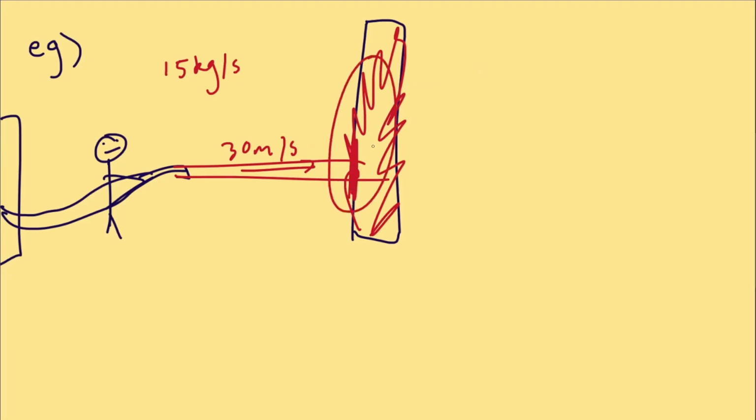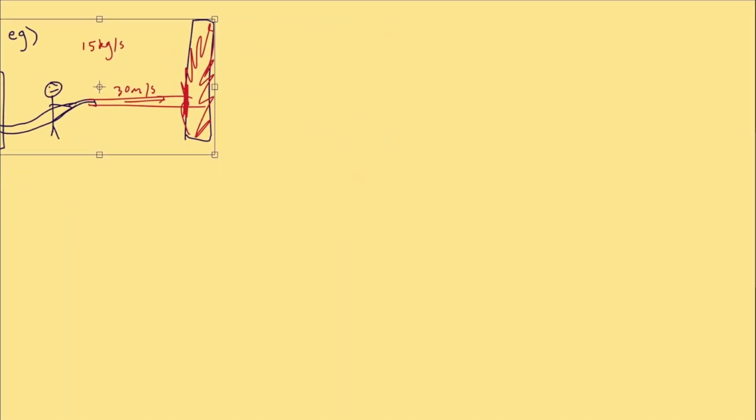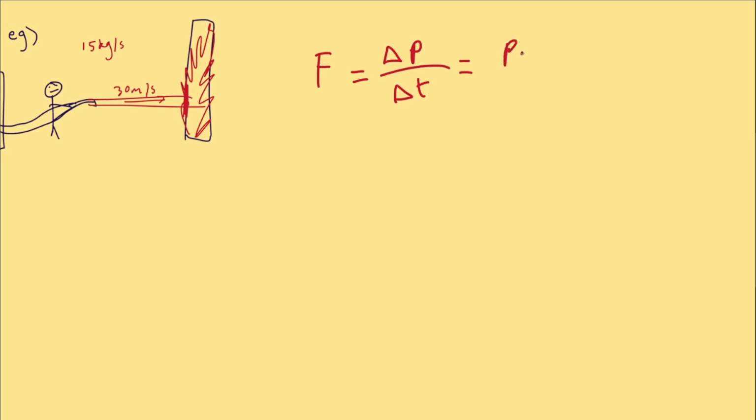We can do a similar thing to the last problem. We're looking for force, just momentum over time. But here's where we have to do a bit of thinking. Change of momentum is the final momentum minus the initial momentum. What's the final momentum?